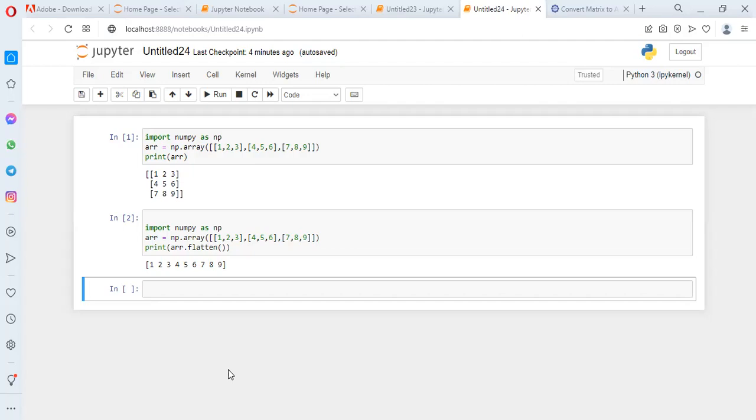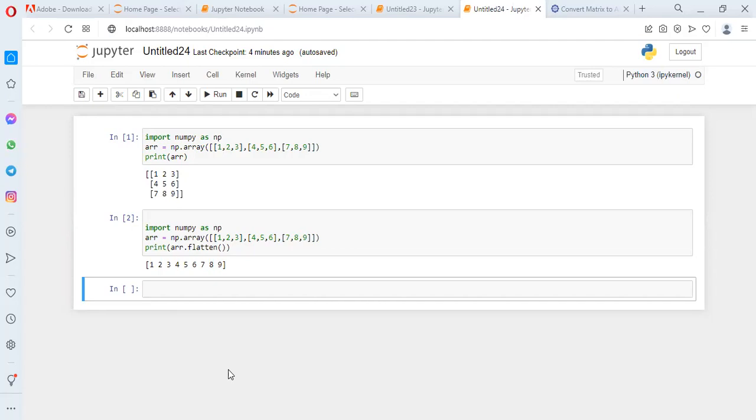I had also discussed the random function, where 10 numbers can be taken randomly from 0 to 50, right? I had discussed these things. And I also discussed the reshaping function.